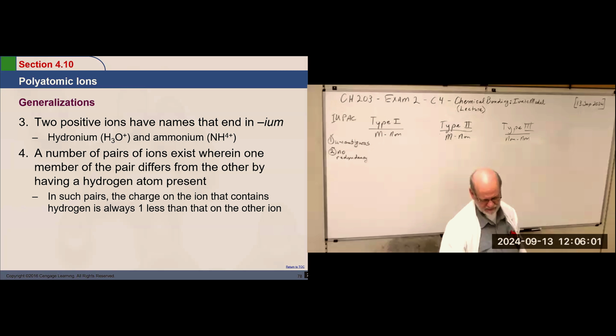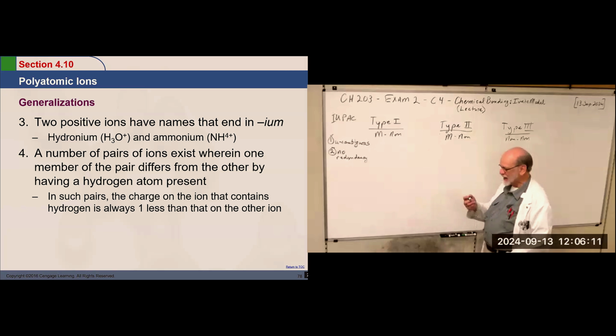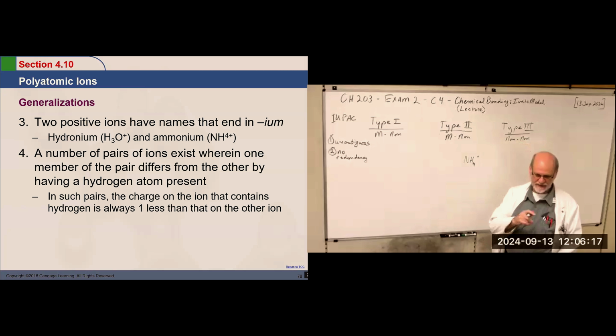Let's see. Oh, there's a typo. NH4+, ammonium, is NH4 down here and plus up there. That's a typo. Okay.